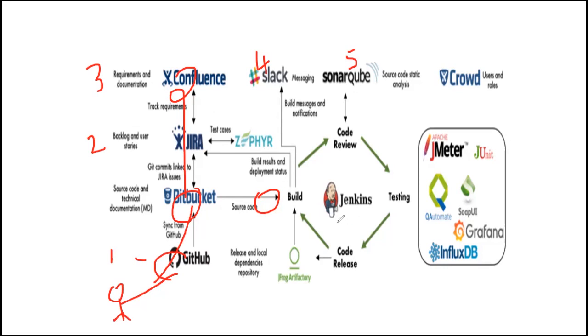All this will happen if you integrate Bitbucket to Jenkins, Jira to Jenkins, Confluence to Jenkins, Slack to Jenkins, and SonarQube to Jenkins. And then there is testing, which is also required. Sometimes it is security level testing, sometimes functional level testing.